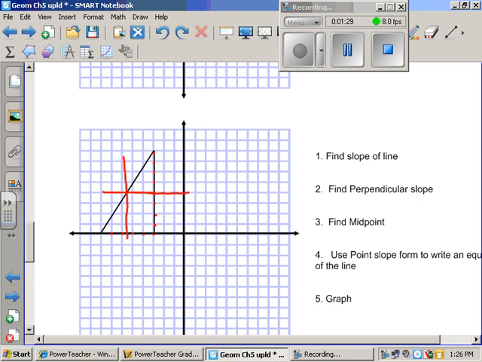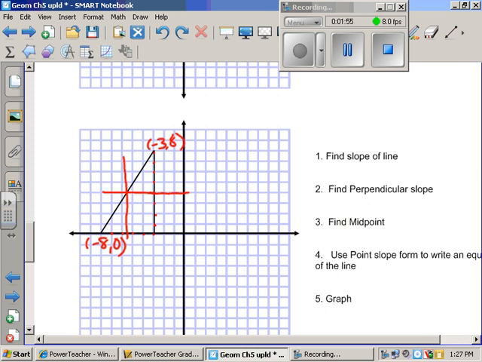Now, for the slanted side, it gets a little more difficult because I have to calculate not only the slope, but the midpoint. So the slope is, if this is 1, 2, 3, 4, 5, 6, 7, 8, negative 8, 0. And this one is 1, 2, 3, 4, 5, 6, 7, 8, negative 3, 8.